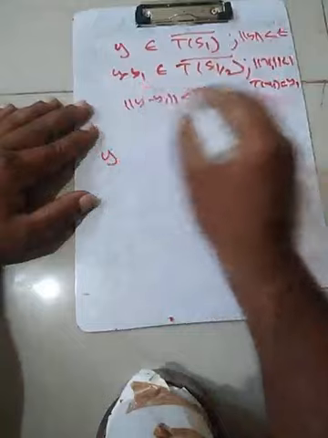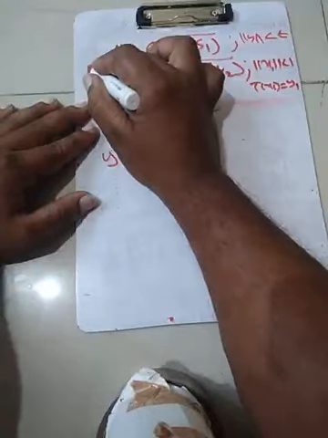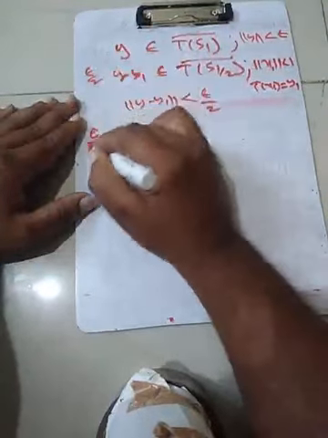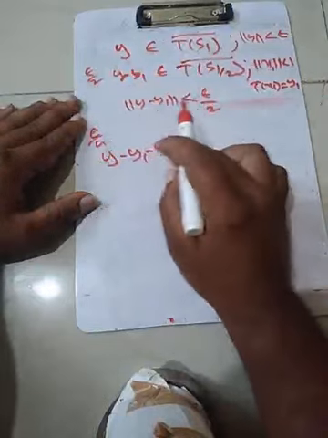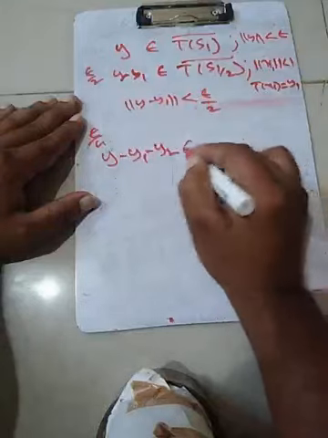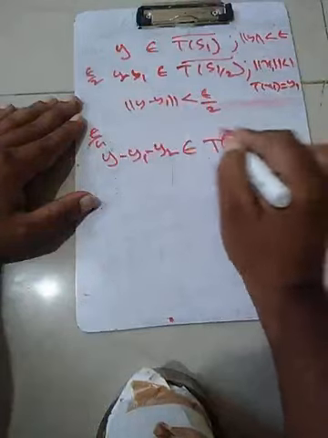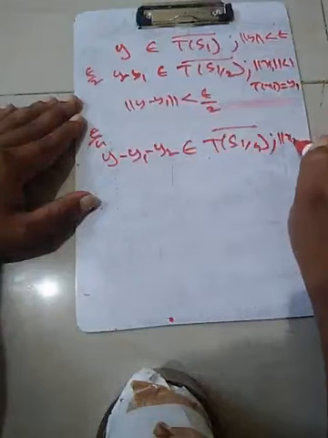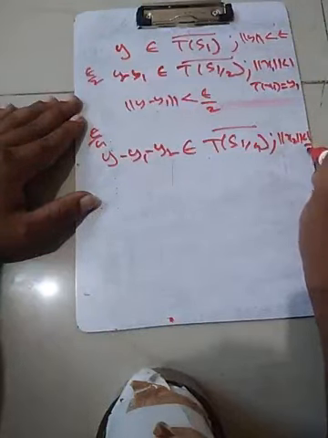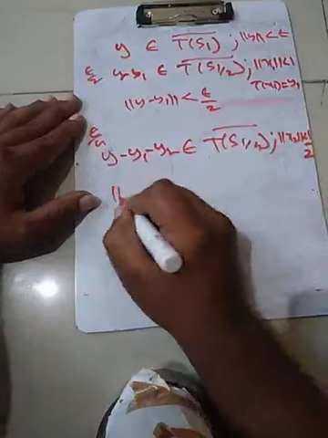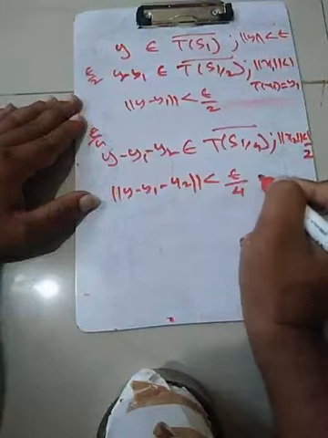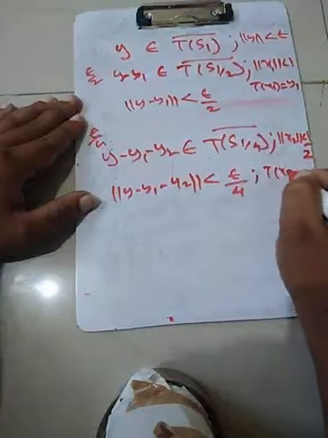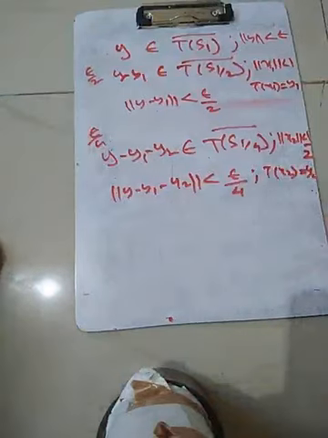Then again with epsilon, we look at the epsilon by 2 ball, epsilon by 4 ball, so y minus y1 minus y2 belongs to T of S1 by 4 bar. There exists an x2 such that norm of x2 is strictly less than half, and the norm of y minus y1 minus y2 is strictly less than epsilon by 4, and T of x2 is equal to y2.